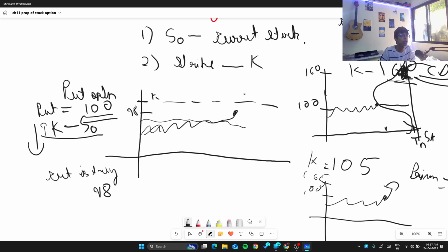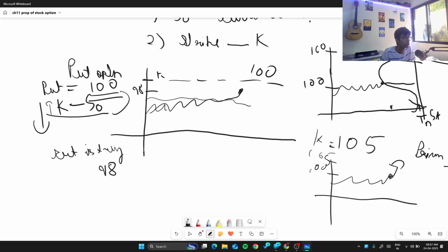So what will be the premium of this? The strike price is high, so the premium will be more. It is exactly opposite to the call option, because if the strike price is high, then the probability of the price going down would be more.